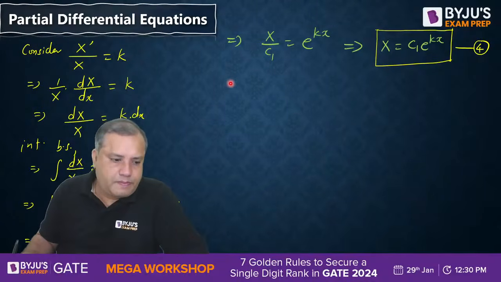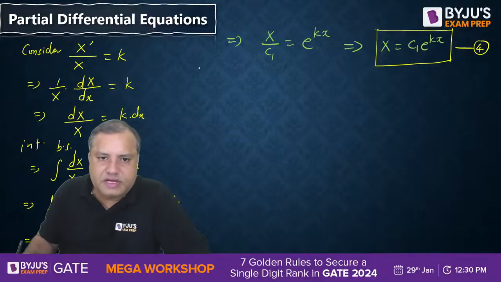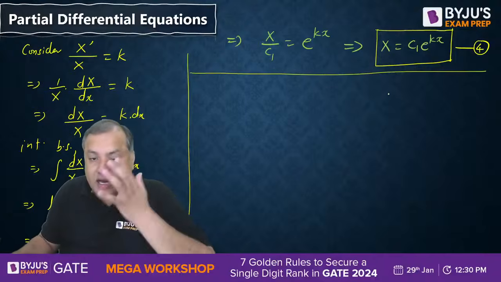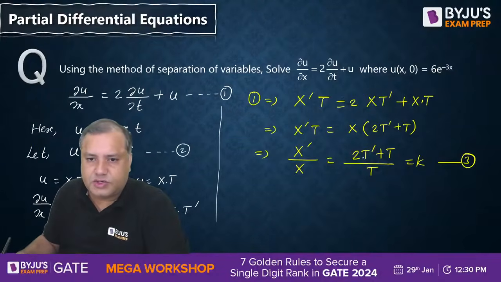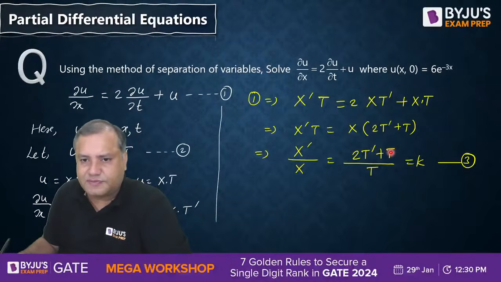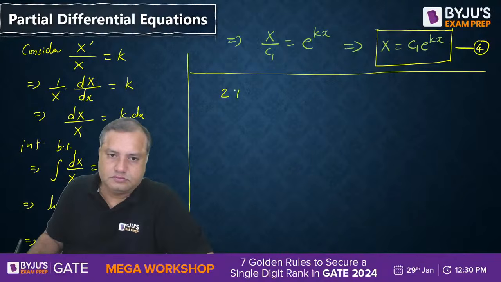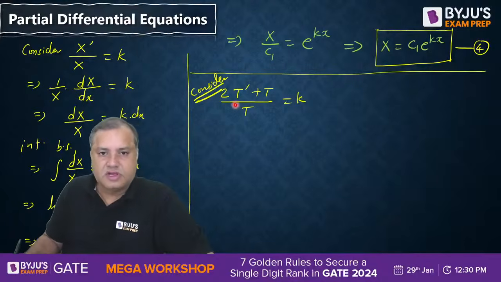Now we will consider another set. Another set is 2T dash plus T upon T equal to k. Now separate this.